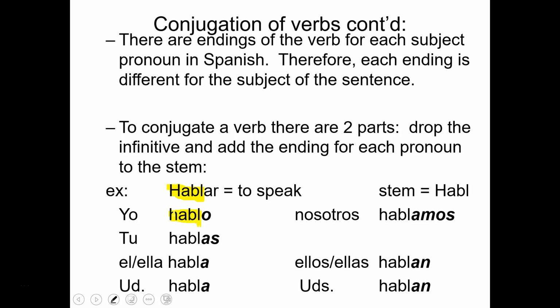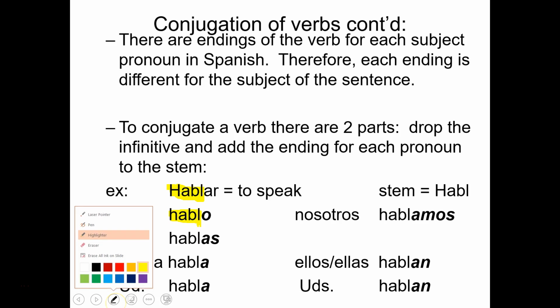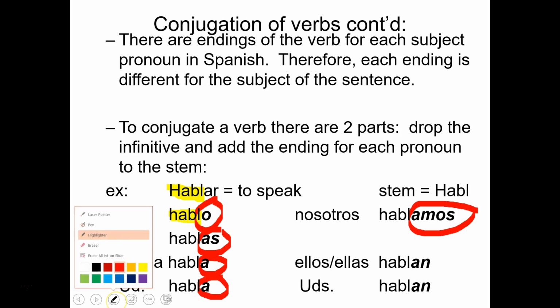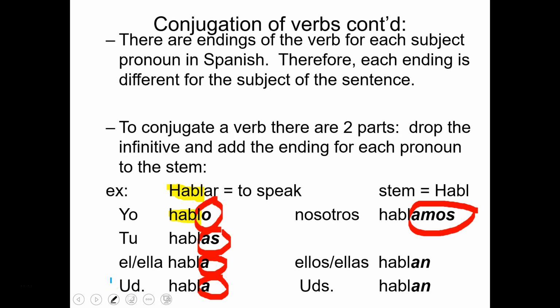Okay? So the endings will change according to the pronoun you want to talk about. As you see, there are some stems over here that are the same. For example, we have these two that are the same, and we have these two that are the same.